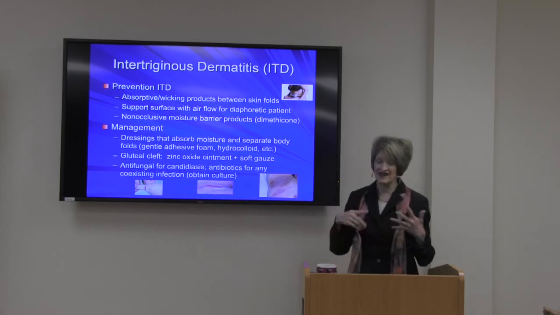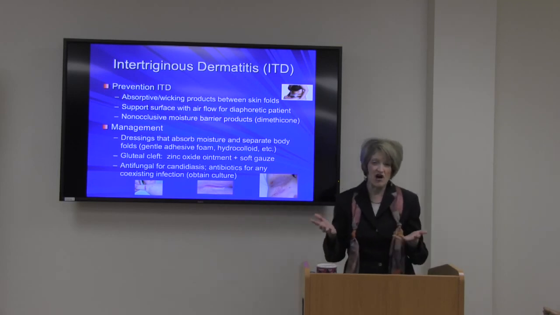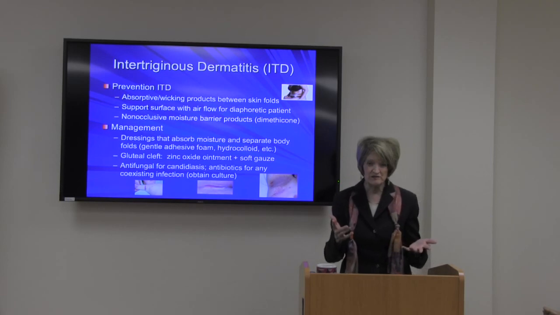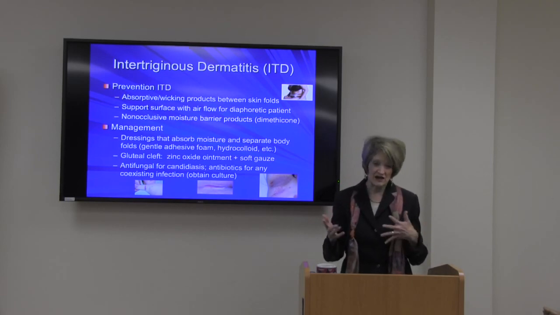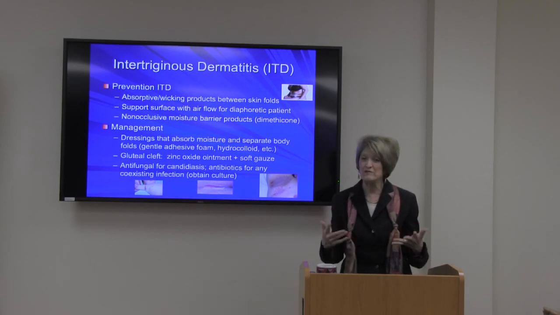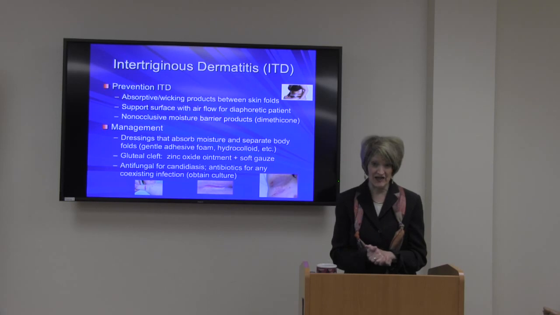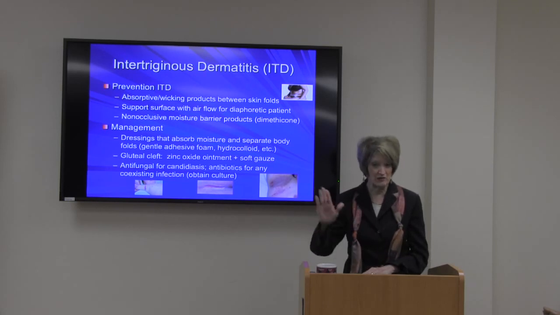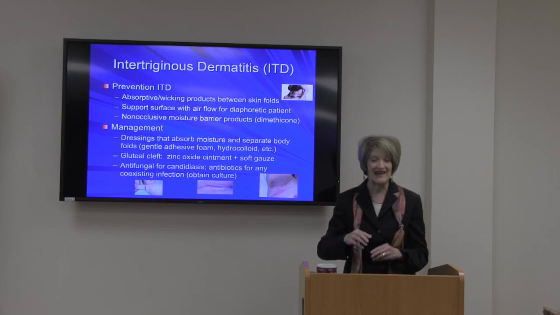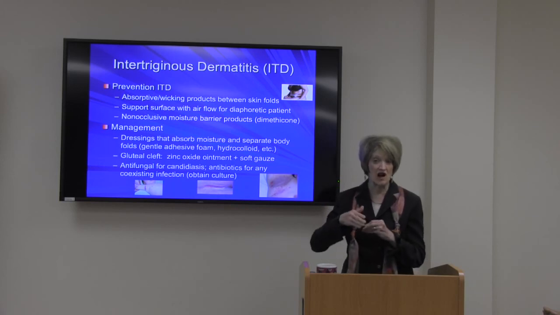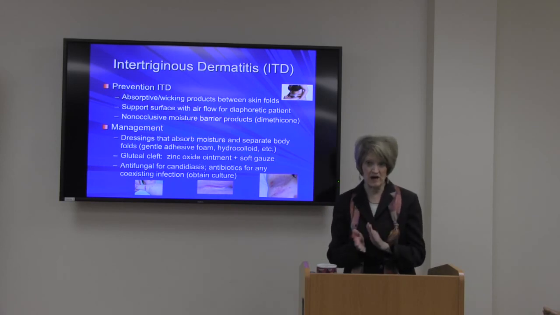So you think about, can I use a soft, gentle adhesive foam? Can I use a hydrocolloid? That would be better if I can use that than just using an ointment. If I can't do that, then maybe I want to crust first and then do a thin layer of the moisture barrier ointment and then use a soft folded gauze to separate the body folds.